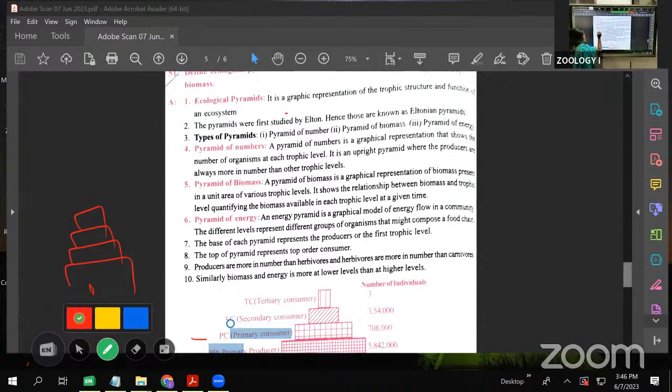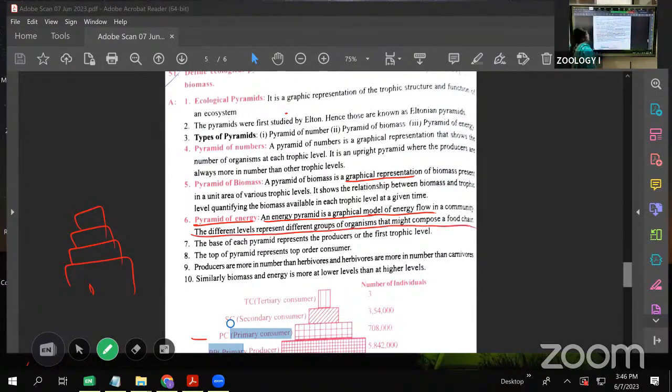We finished the pyramid of biomass. Next is the pyramid of energy. This is also the same. All are graphical representations only: the graphical representation of the number, of the biomass, and of the energy flow. In the community, the different levels represent different groups of organisms.